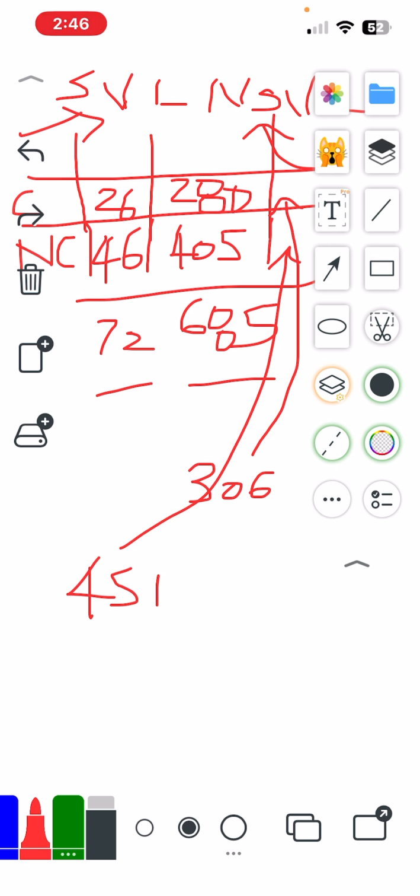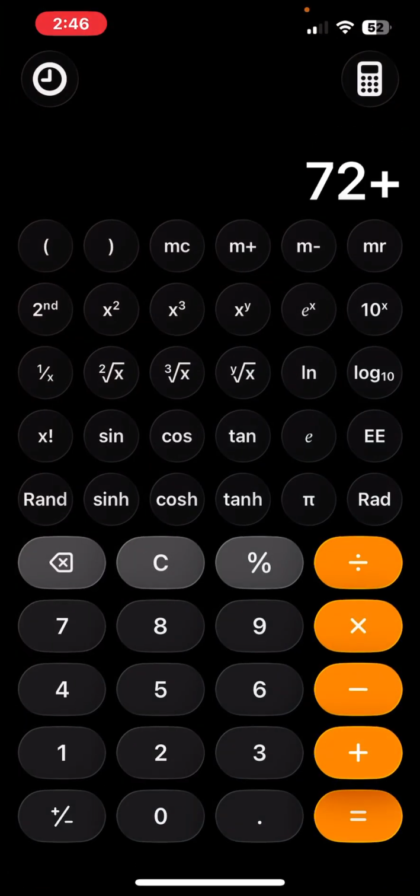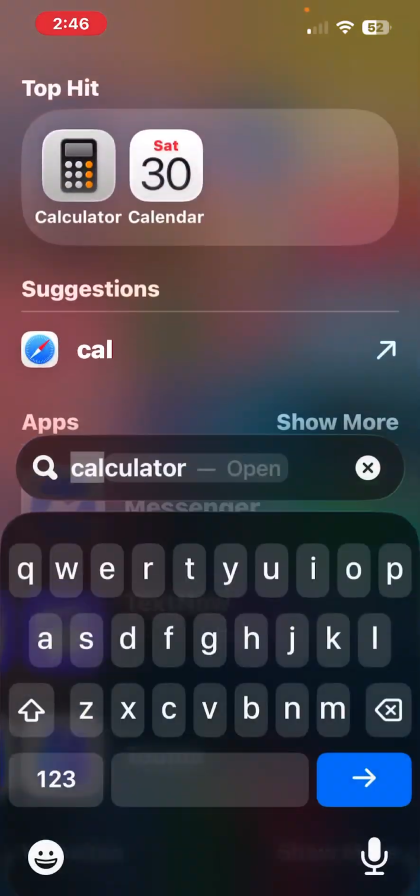Now that we have the totals for the rows and the columns, we can figure out the overall total. The overall total for both the rows and the columns will be the same. So 72 plus 685 comes around 757.